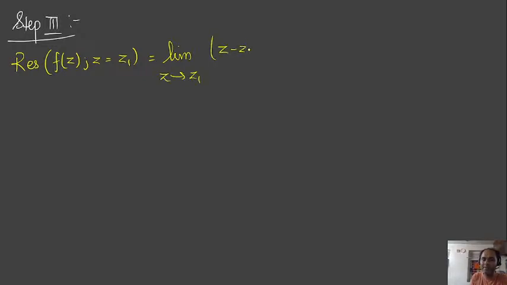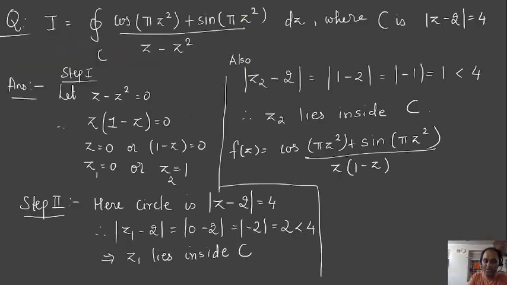residue. So when we calculate the residue of f of z at z equals to z1, we are going to use the formula limit z tending to z1, z minus z1 times f of z. So substitute here limit z tending to z1. Our z1 is 0.